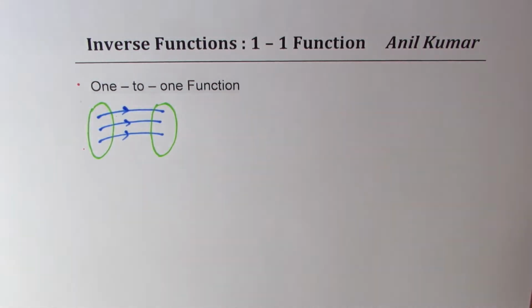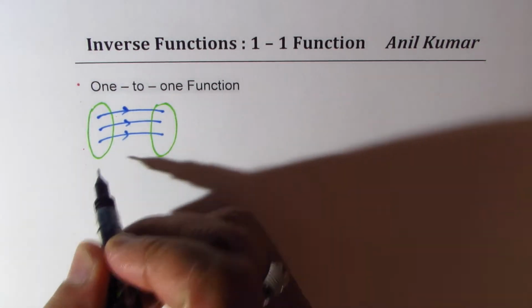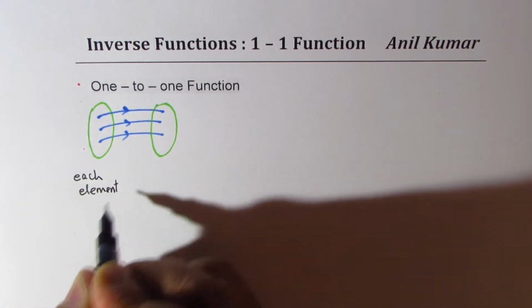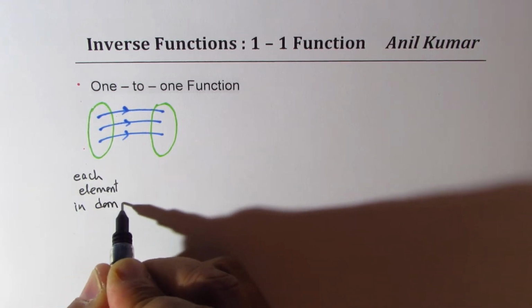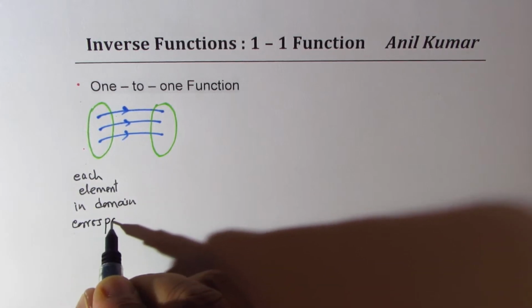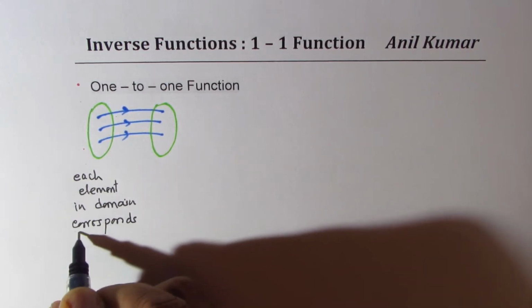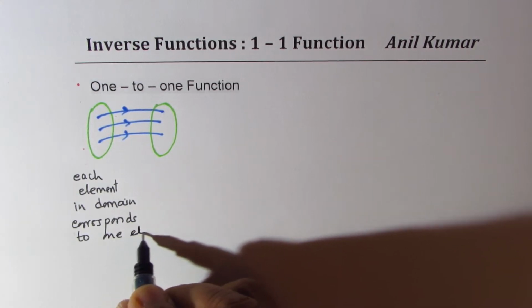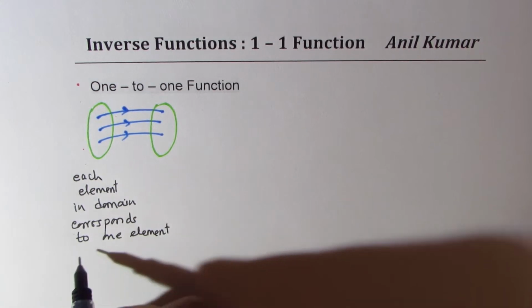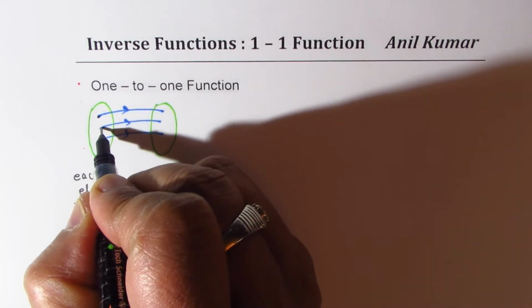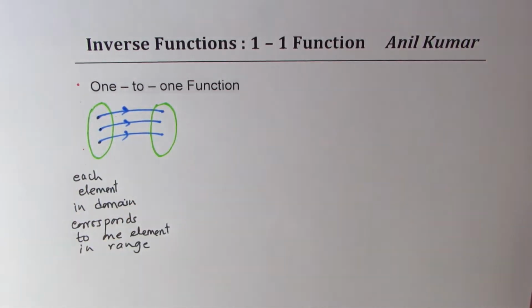Now, in this case, you can see that each element in domain corresponds to one element in range. Correct? So each element here corresponds to only one element.